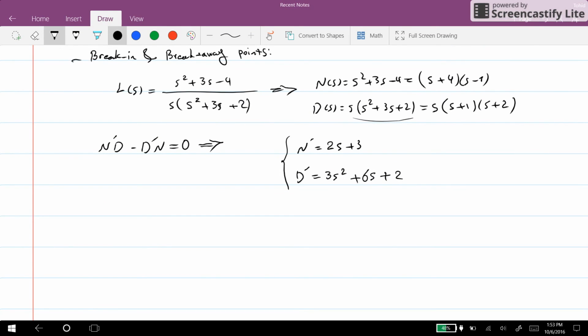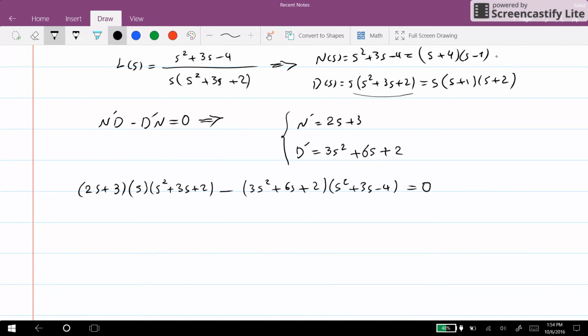Replacing this into the equation, we will have N prime times D, so 2S plus 3 times S times S squared plus 3S plus 2, minus D prime, which is 3S squared plus 6S plus 2 times N, which is S squared plus 3S minus 4, equal to 0.